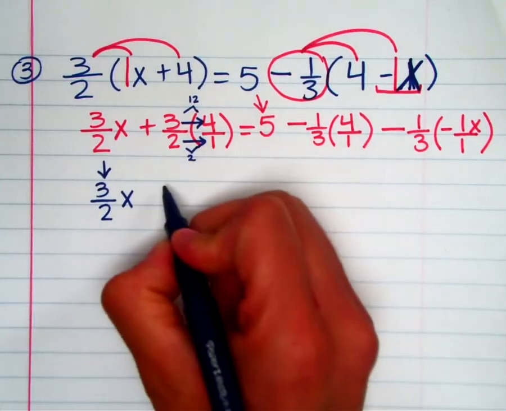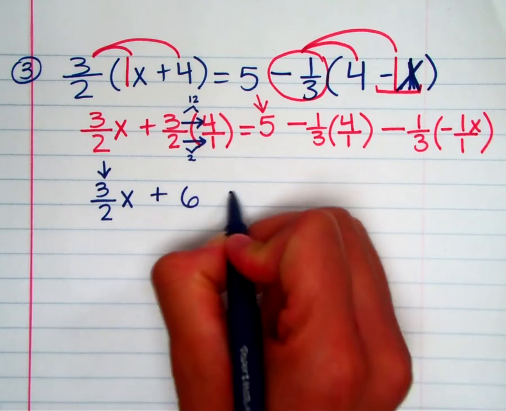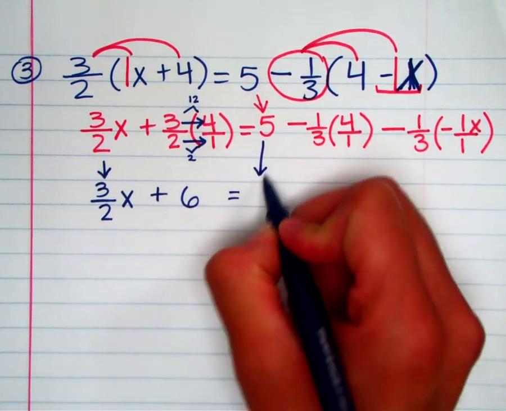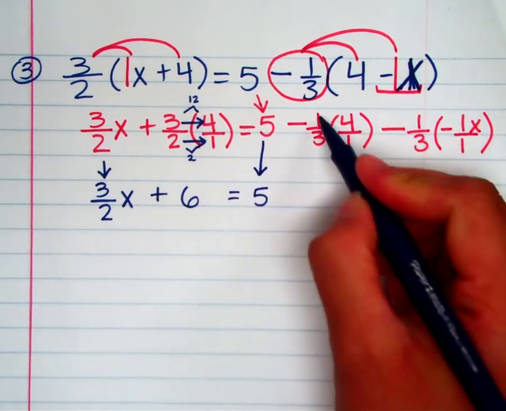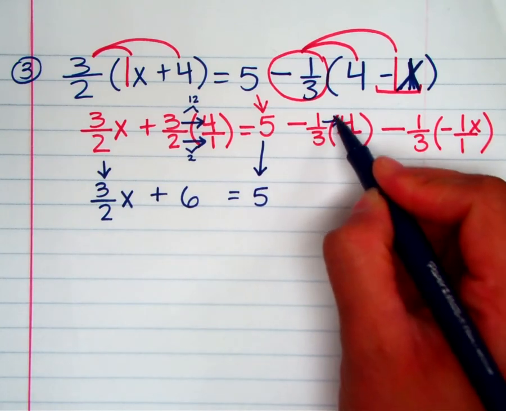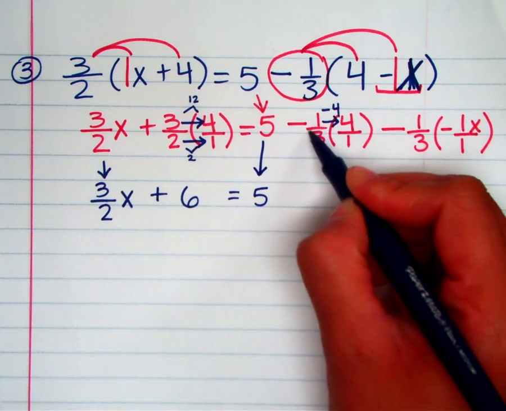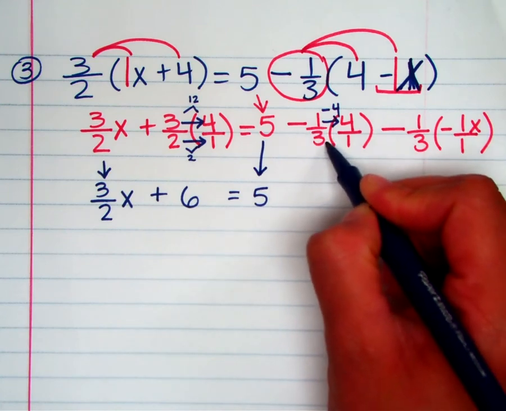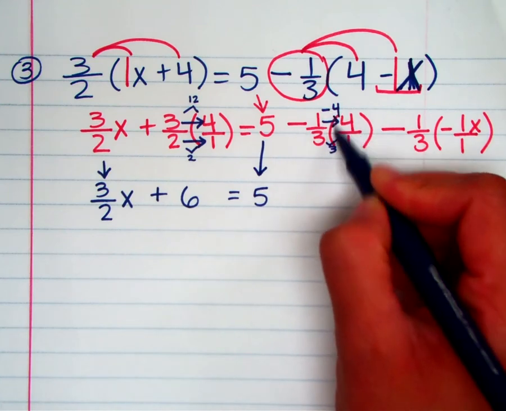So this is a positive 6 equals, we're going to bring down our 5 again. Here I'm taking a negative 1/3 times 4 over 1. So negative 1 times 4 is negative 4. Positive 3 times 1 is a positive 3. So this is going to be a fraction, negative 4/3.